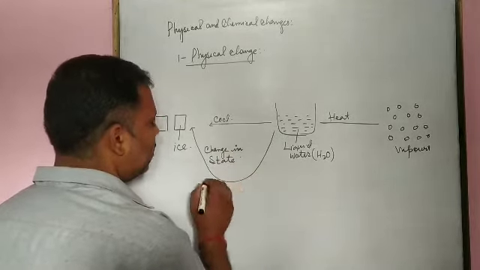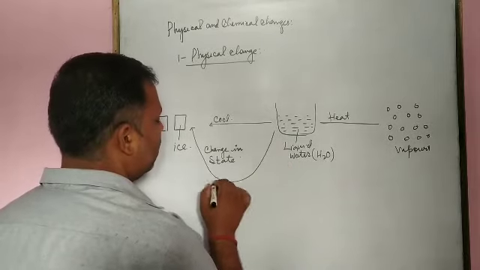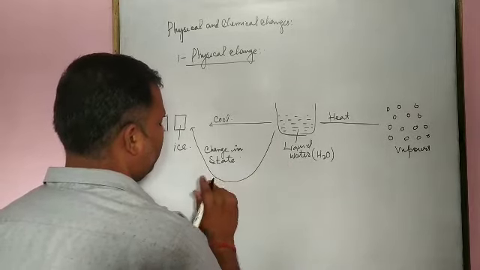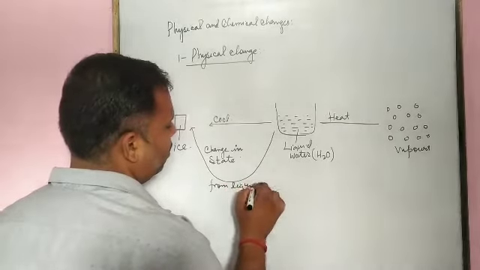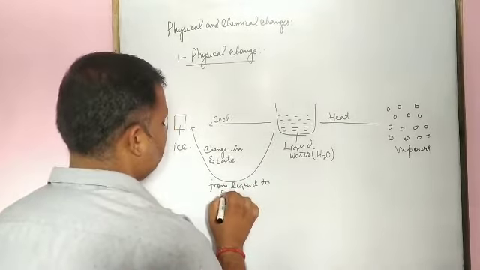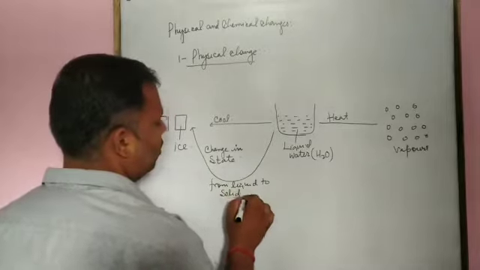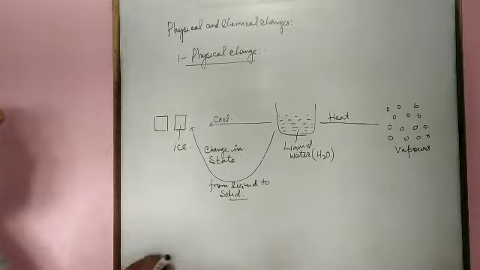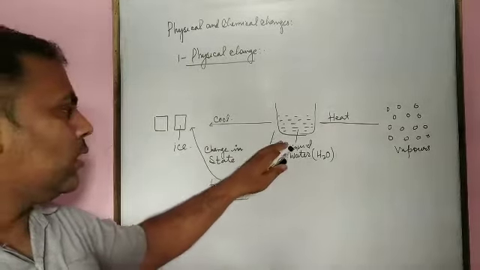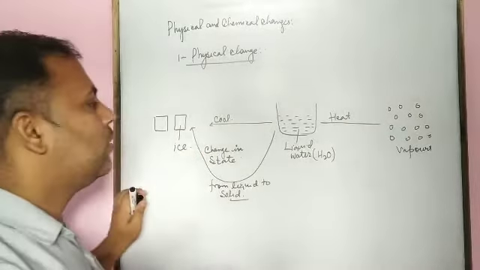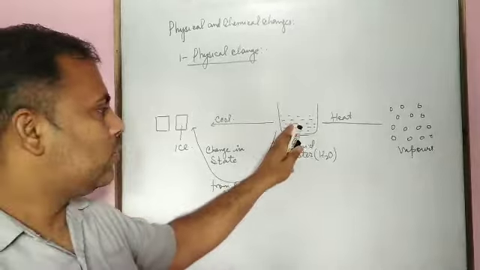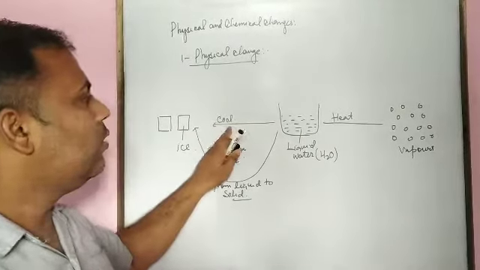What is the change in state? From here to here it changes from liquid to solid. Here the change occurs, but what we see is it is converted from liquid to solid on cooling.